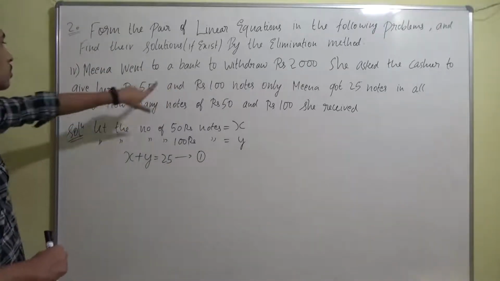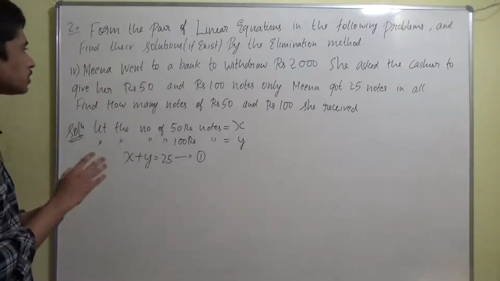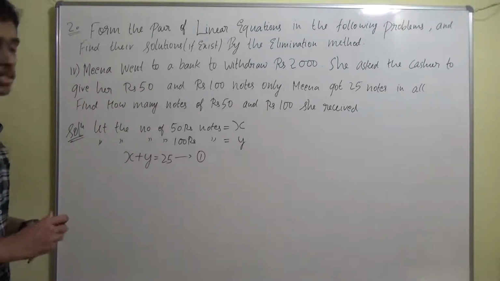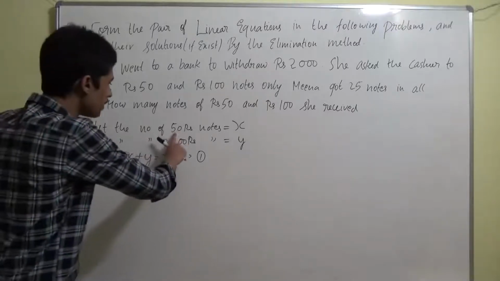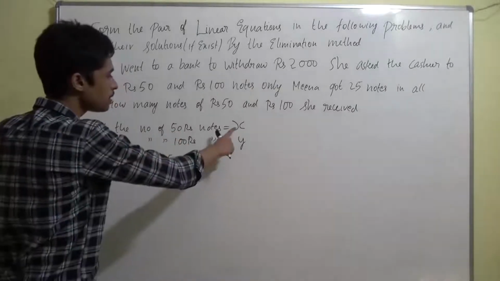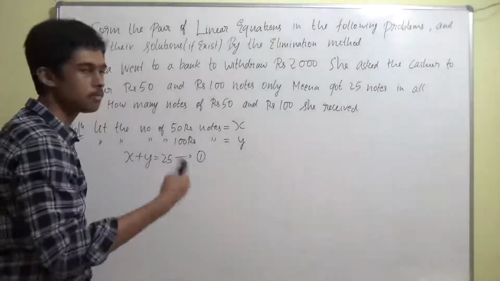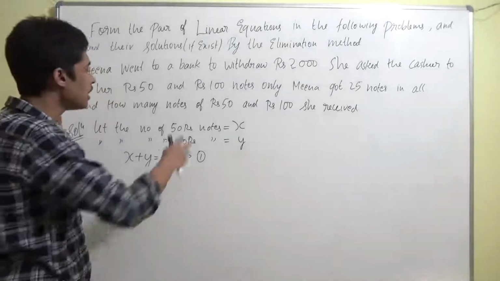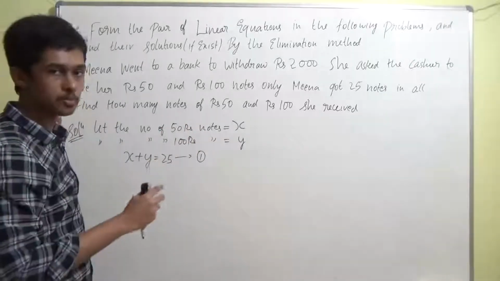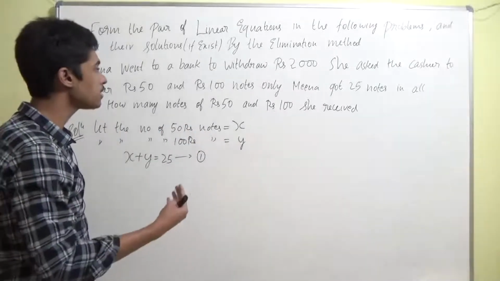See, the total amount she withdrew is 2000, right? Which means if one note is 50 rupees, if you withdraw x notes of 50 rupees, the amount will be equal to 50 into x, right? And if you withdraw y number of notes of 100 rupees, the amount will be equal to 100 into y.